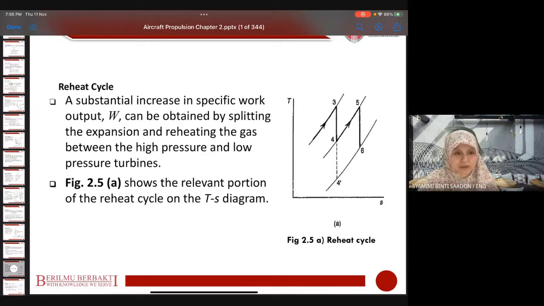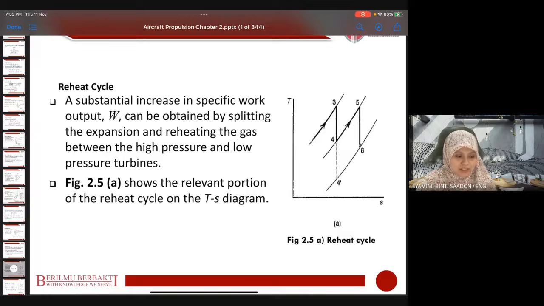So the expansion is split into 2 times. This is what we call the reheat cycle. We reheat 4 to 5, reheating one more time the working fluid, the air inside the engine, the cycle.